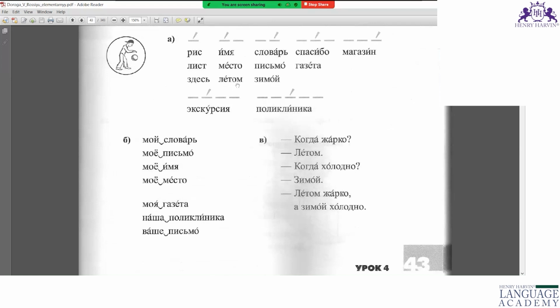Летом, слово, словарь, письмо, зимой, спасибо, газета, магазин. Okay, now challenge, the difficult ones. Экскурсия, поликлиника. Молодец.